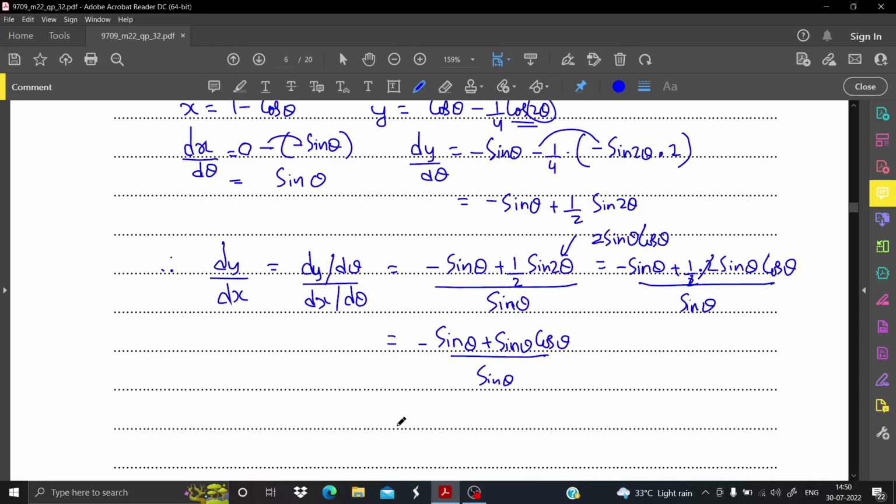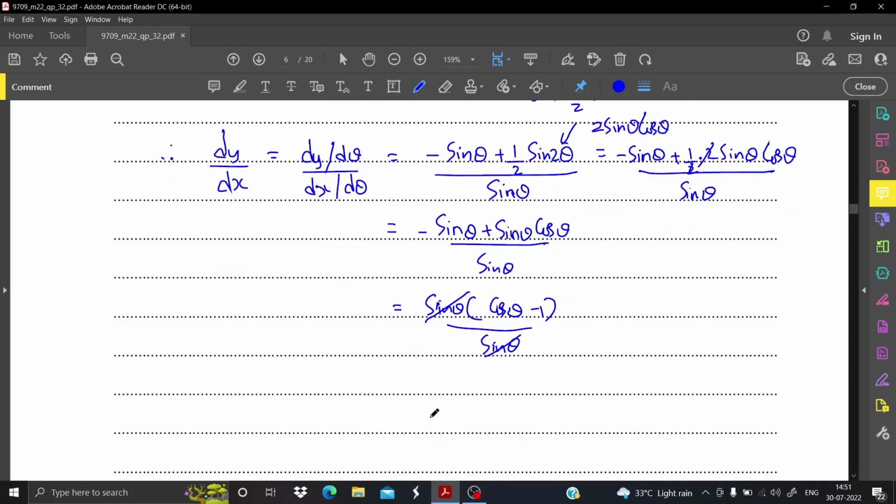So that will give you, take out sine theta common, sine theta into cos theta minus 1 divided by sine theta. The sine and the sine get cancelled off.